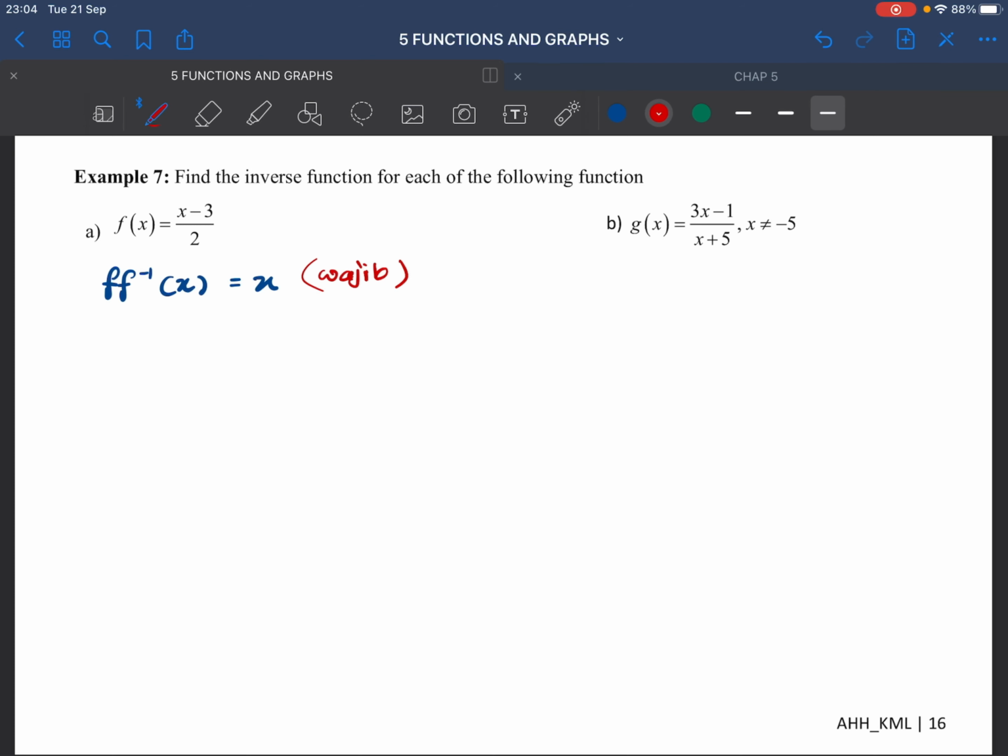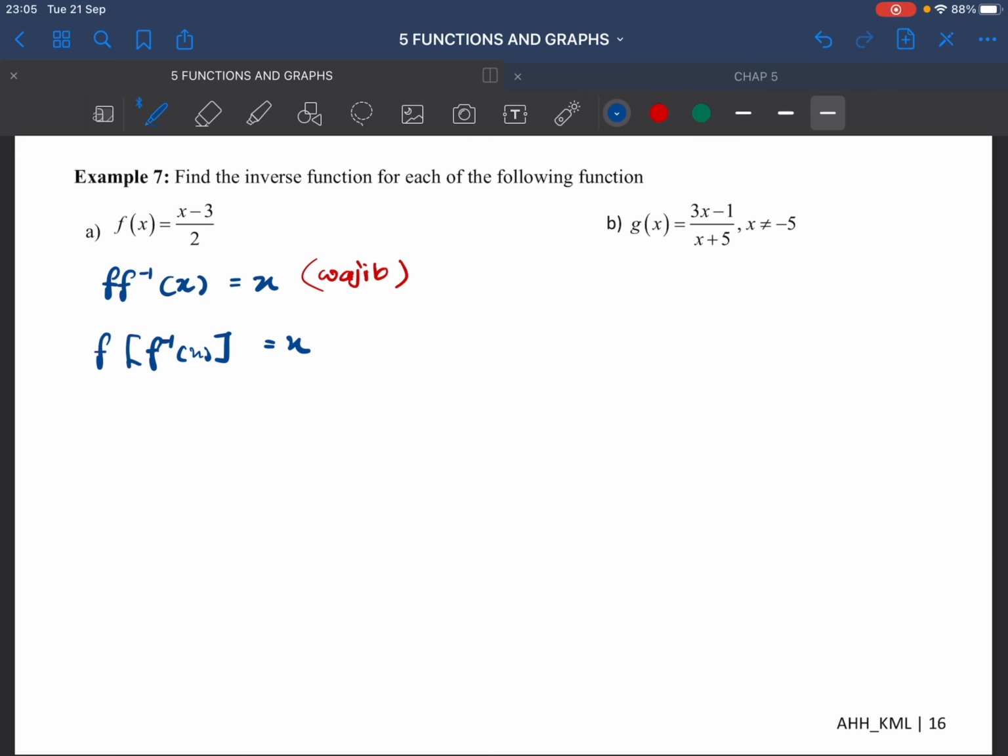The properties wajib kena tulis. Masa XPM mungkin ada yang tulis let y equals to f inverse x. Boleh guna, tapi ini wajib kena tulis dulu. So now f composite f inverse x tu maksudnya composite function lah, we are going to get x.